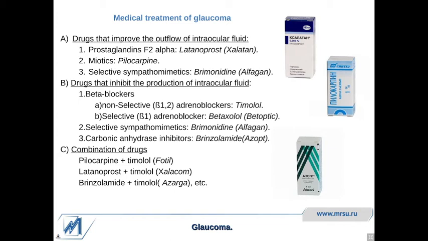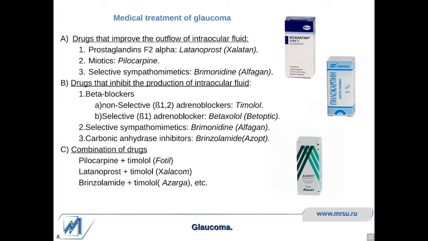Eye drops that inhibit the production of intraocular fluid. There are three variants: beta blockers, selective sympathomimetics, and carbonic anhydrase inhibitors. And the third group of drugs is combinations, with timolol, brimonidine, brinzolamide with timolol, and others.